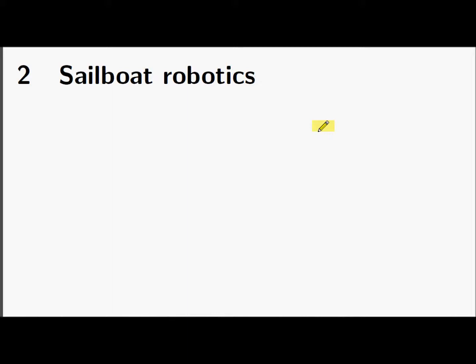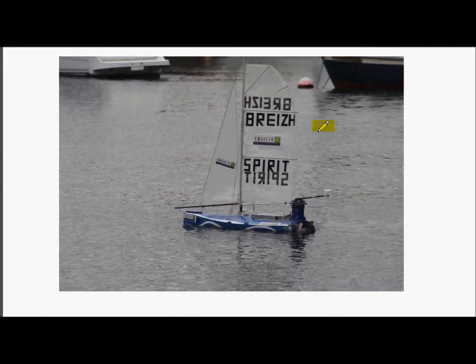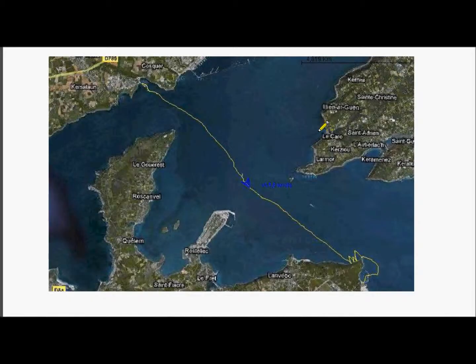So in Brest, we have been building sailboat robots for almost 10 years. First was Brest Spirit, whose goal was to cross the Atlantic Ocean. It was first started by crossing the Rade de Brest.